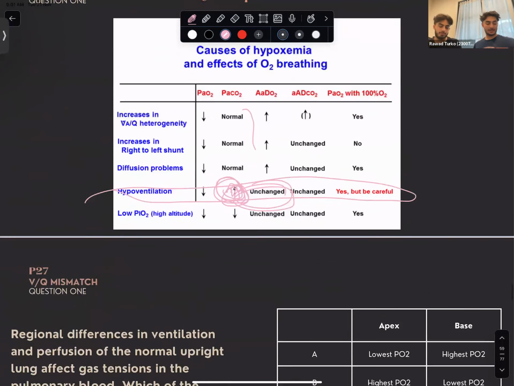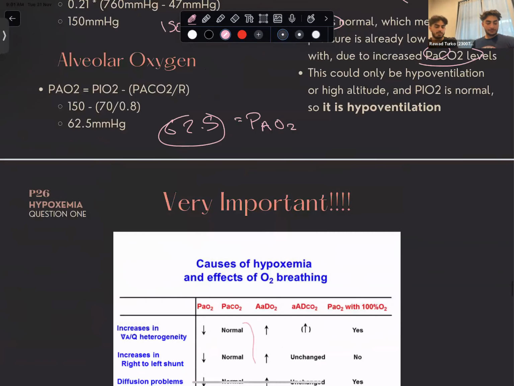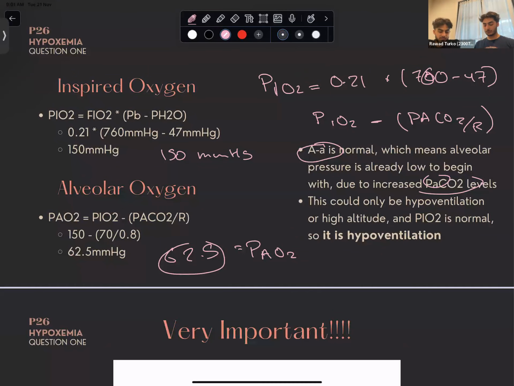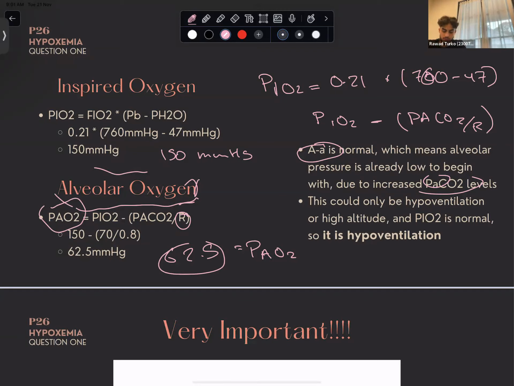It's not really as important to know here, but if they did ask us to get the alveolar oxygen, but they didn't give us the R, what would we do? If they told us to get the alveolar oxygen, the PAO2, but then they didn't give us the R, can we still solve for this equation here?